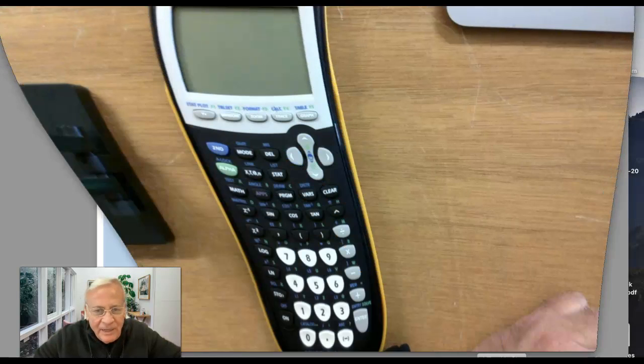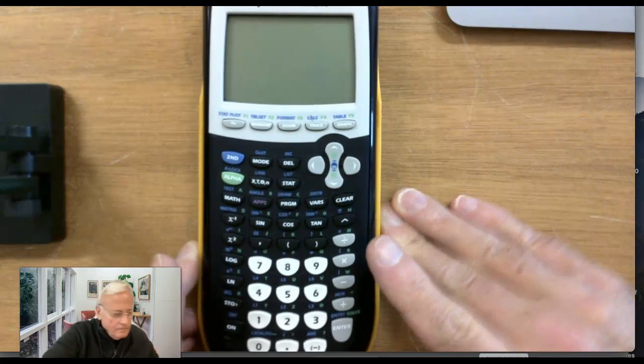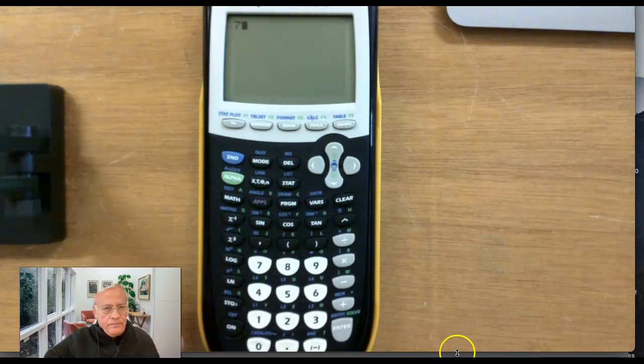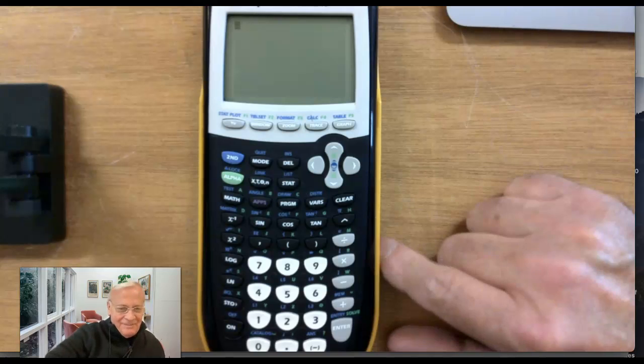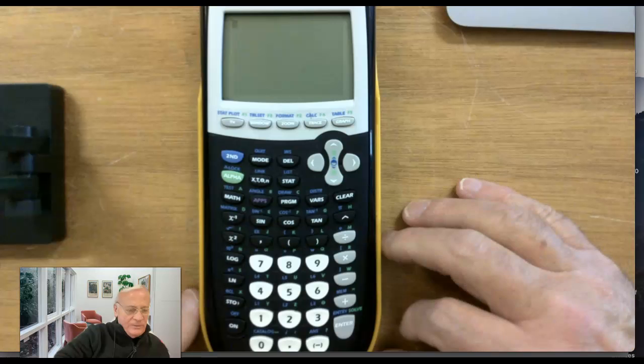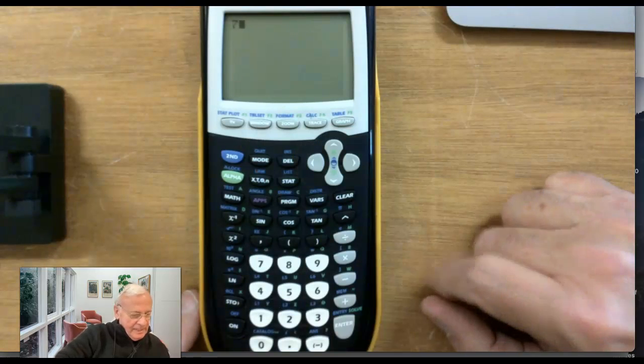Let's take a look at the calculator here. If I want to get 7 factorial, just go 7. All right, sorry guys, I'm at school again. People just walked in. Okay, here's the calculator. To use the factorial, I can go 7 and hit the math button.